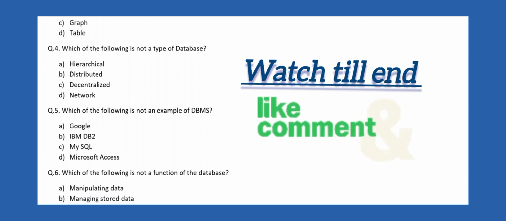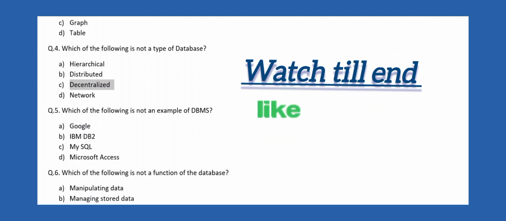Some more are also types of databases, but here, as per the options available, decentralized is the option which does not come under a type of database. So according to the question, option C is the correct answer. That is, decentralized is not a type of database, and the rest three are obviously types of database systems.